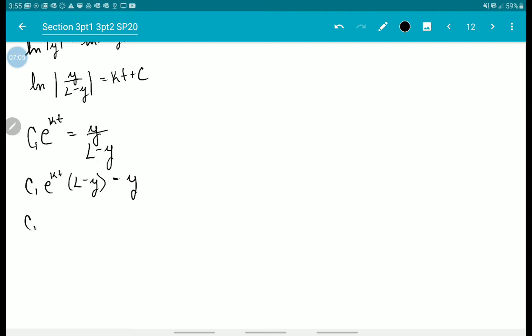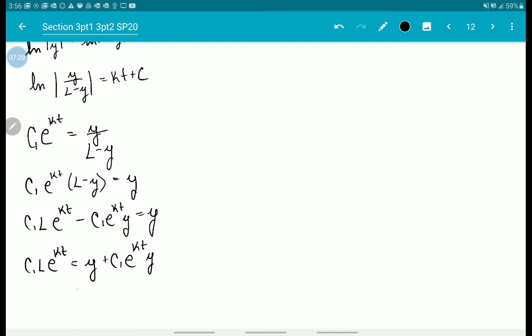So I have c1 times L e to the kt minus c1 e to the kt times y is equal to y. We can move the y terms to the right-hand side. And then factor a y out.